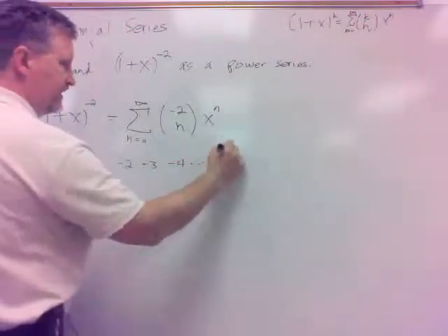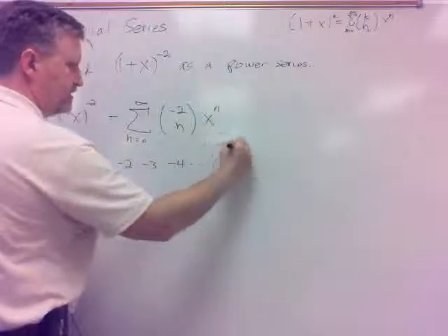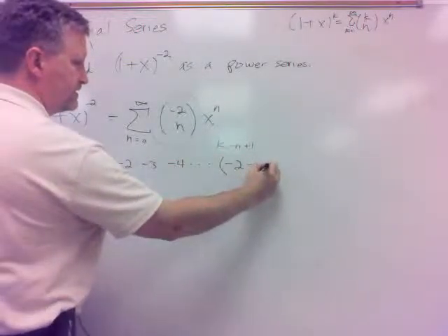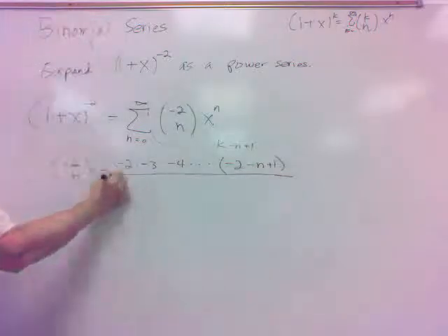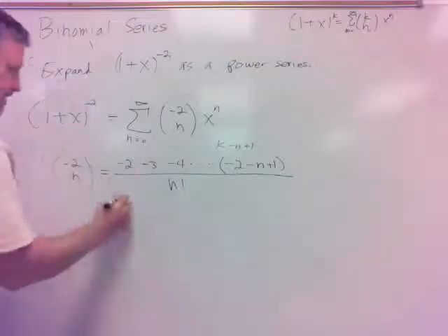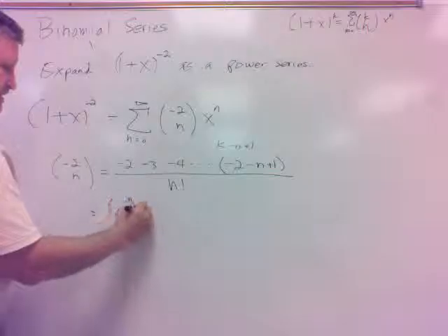Until I get to negative k minus n plus 1, so I need to go until I get to negative 2 minus n plus 1, right? And then divide all that by n factorial. Well, that comes out negative 1 to the nth power.